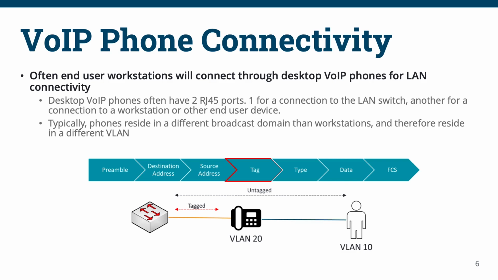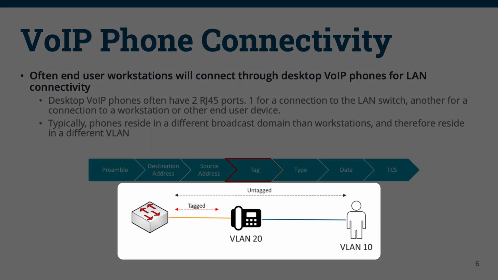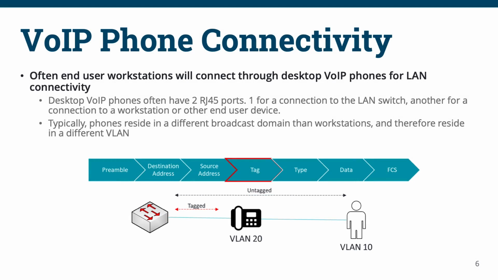Although voice VLAN configurations differ between deployments and vendors, often the phone will tag its traffic with the configured voice VLAN, and the user data traffic will be untagged. As we see in the diagram here, the tagged traffic is sent and received by the phone, whereas the untagged data VLAN traffic intended for the workstation is passed through the phone and sent to and received by the workstation.